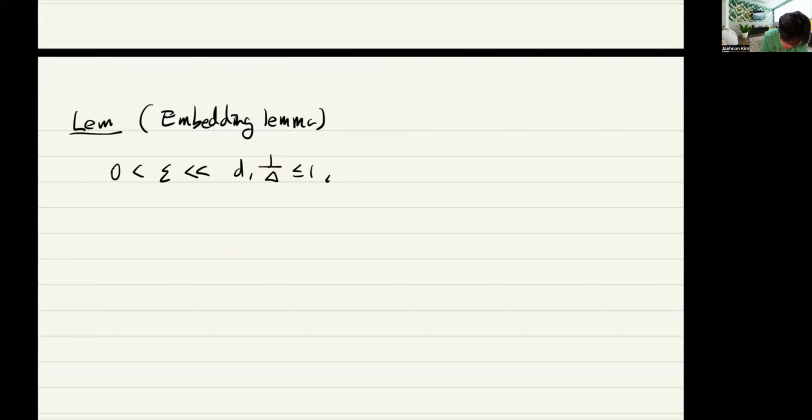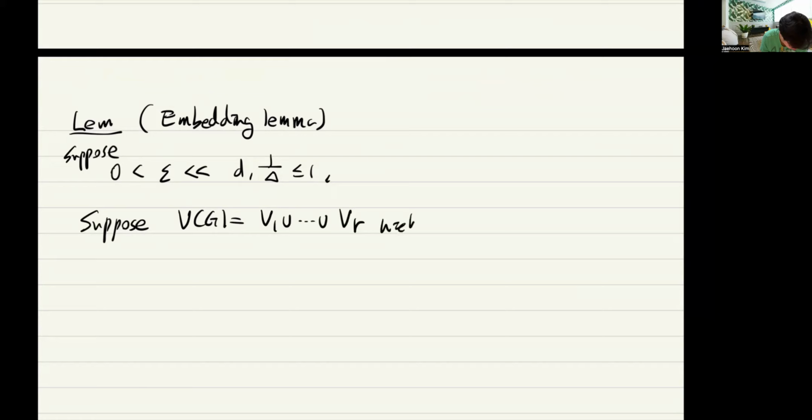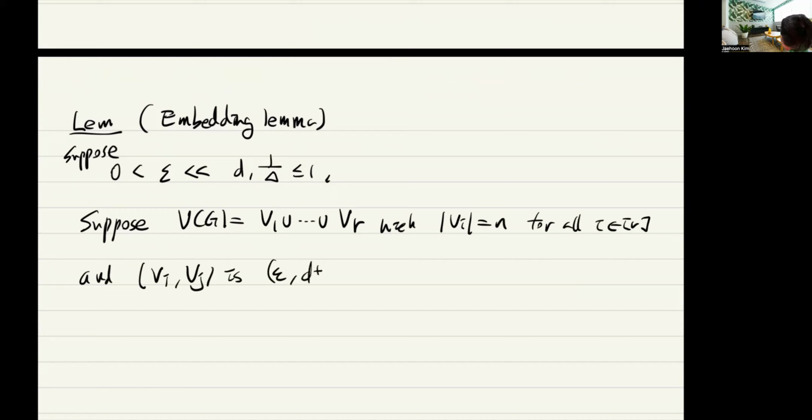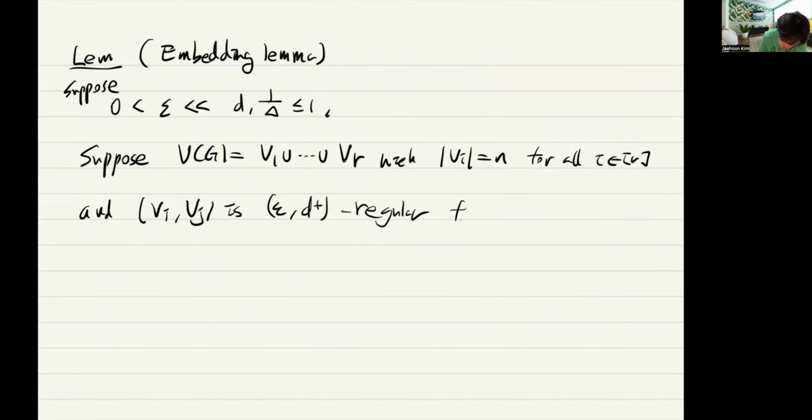But here, now say that we have a partition of the vertex set of G, and each Vi has size n. And each pair Vi, Vj is epsilon regular with density at least d, for all distinct i and j.